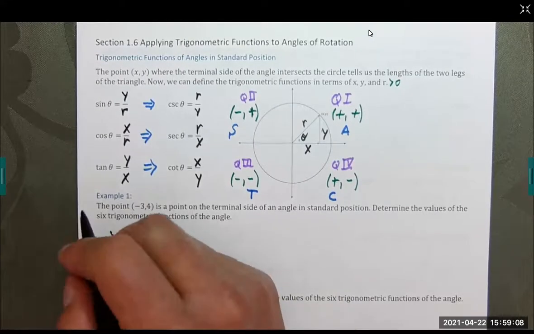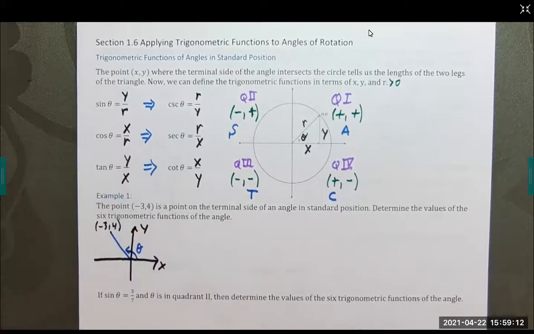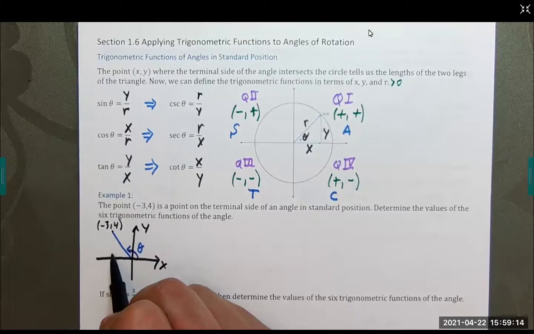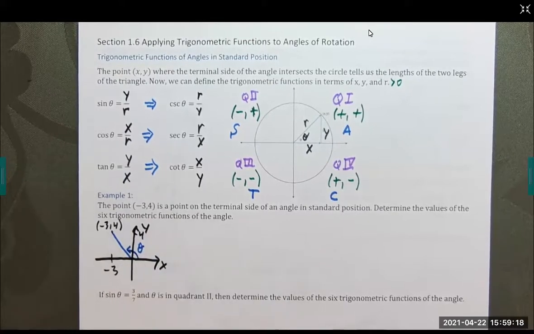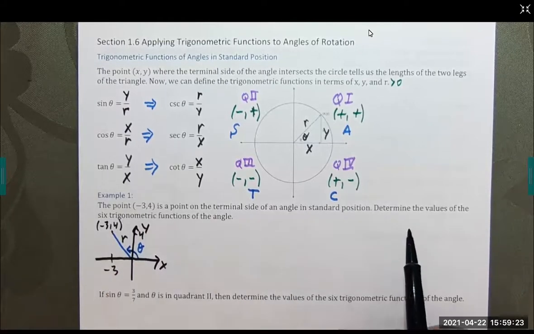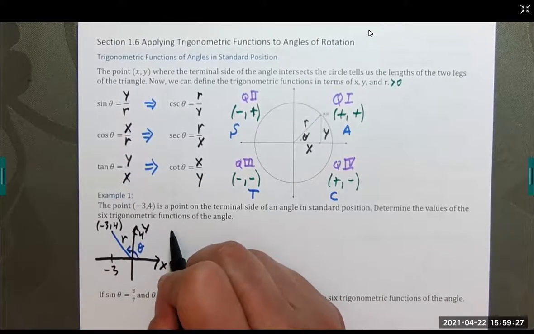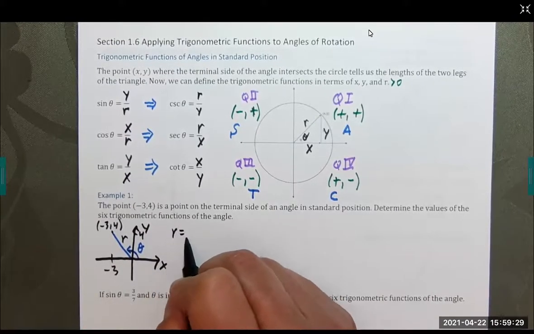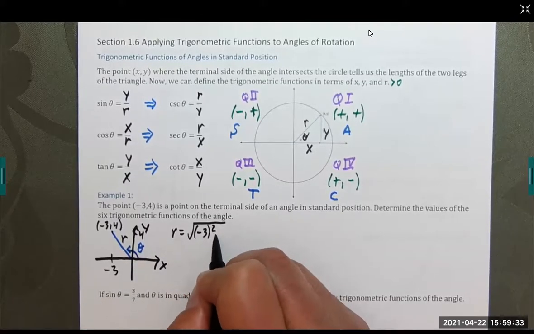Once again, this is point -3, 4, meaning x is -3, y is 4. Now, I still need to find r if we're going to find the six trig functions. So to find r, that's going to be the square root of -3 squared plus 4 squared.